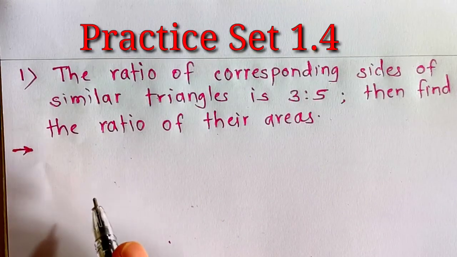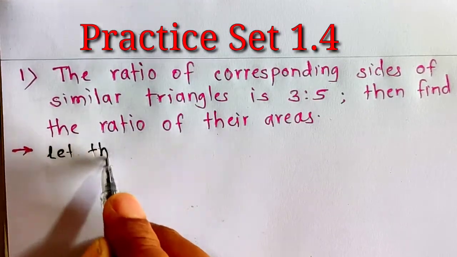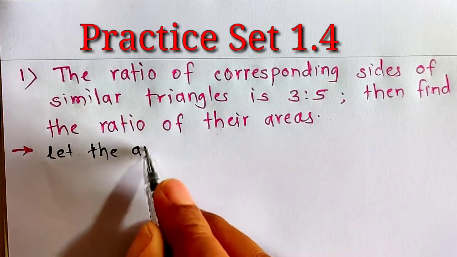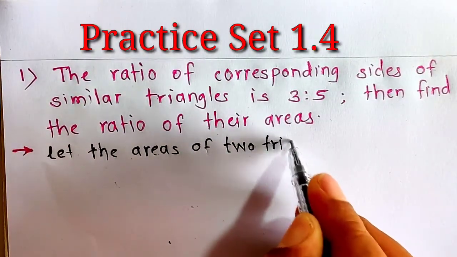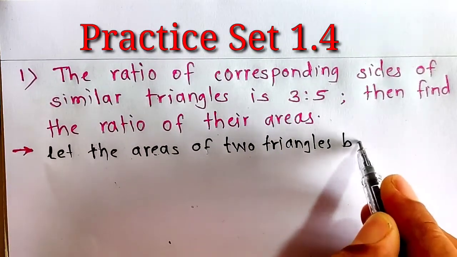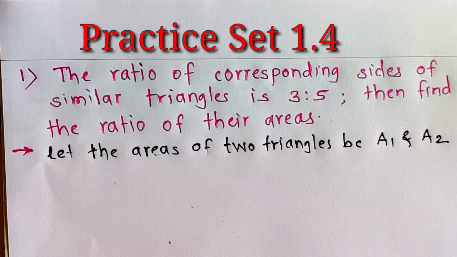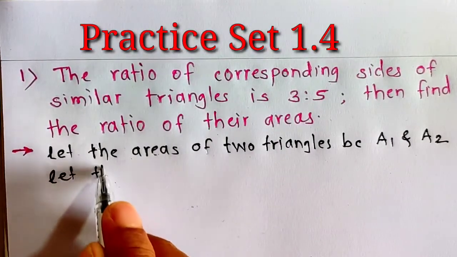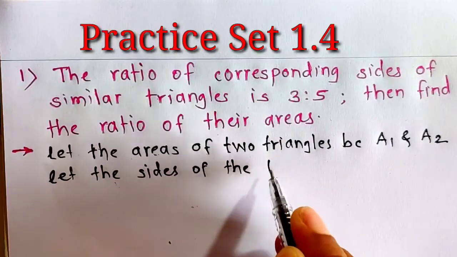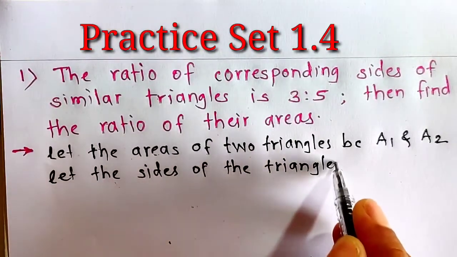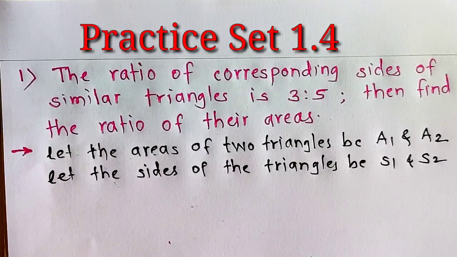So first let their areas be A1 and A2. So let the areas of the two triangles be A1 and A2, and let the corresponding sides of these two triangles be S1 and S2, because the names of the triangles are not given here.